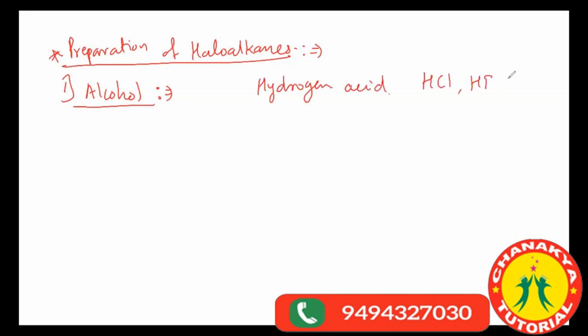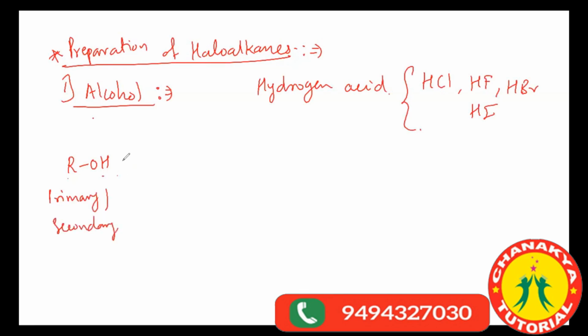When these react with the alcohol, what happens? You will get alkyl halide. So what would be the general reaction for this? When ROH, what is the R? The R group is any alkyl group connected with the alcoholic functional group. It would be either a primary or secondary alcohol. It forms RX and H2O.